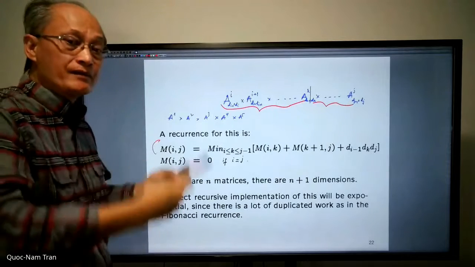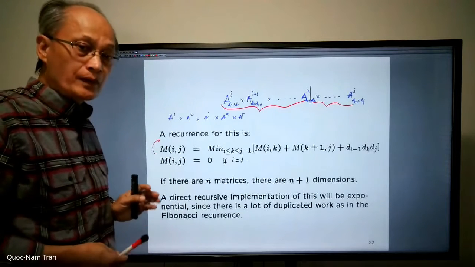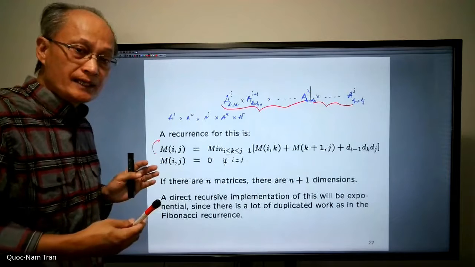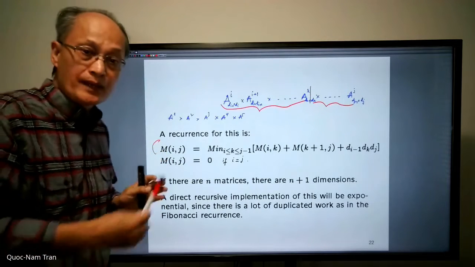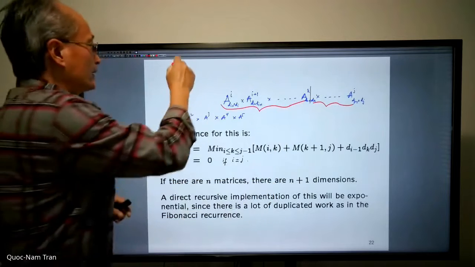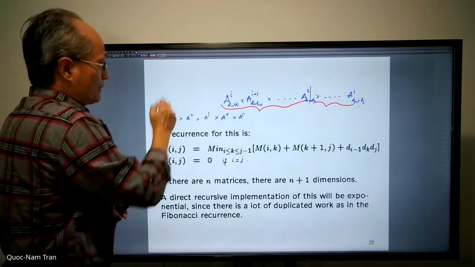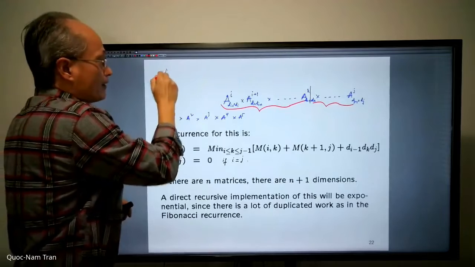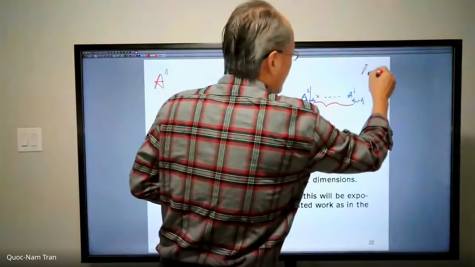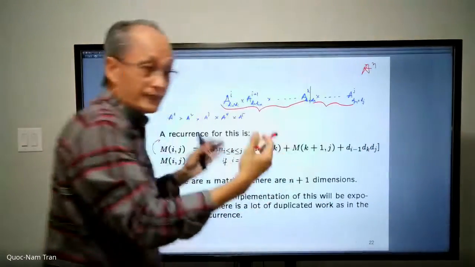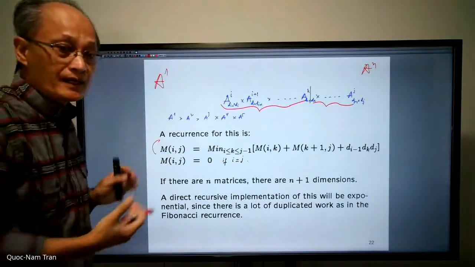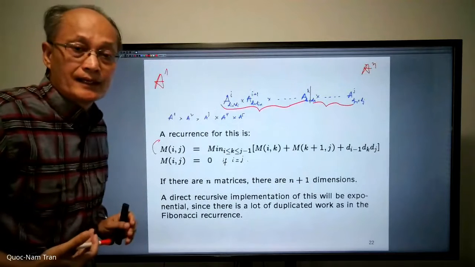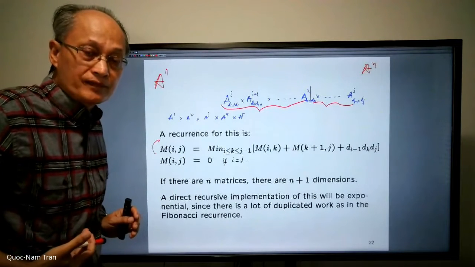So for a generic case, of course, what we want to do eventually is find the best way to multiply from A1 to AN, right? But we have A1 to AN, and we need to break the sequence into smaller sequences and then apply the algorithm recursively.